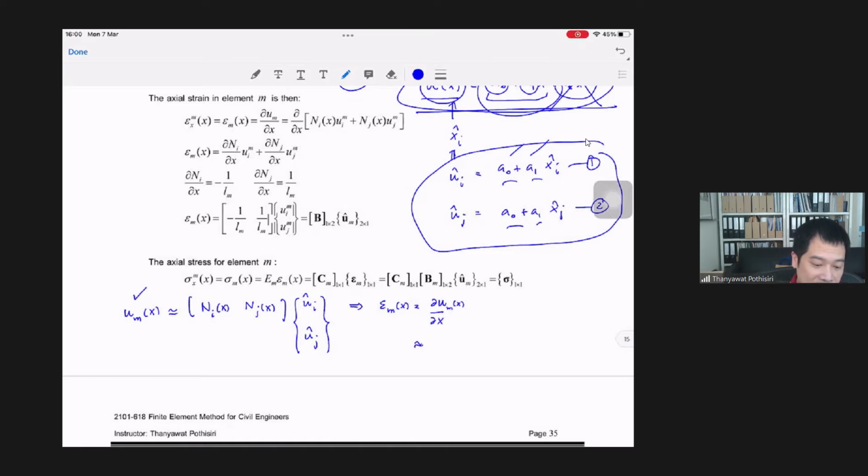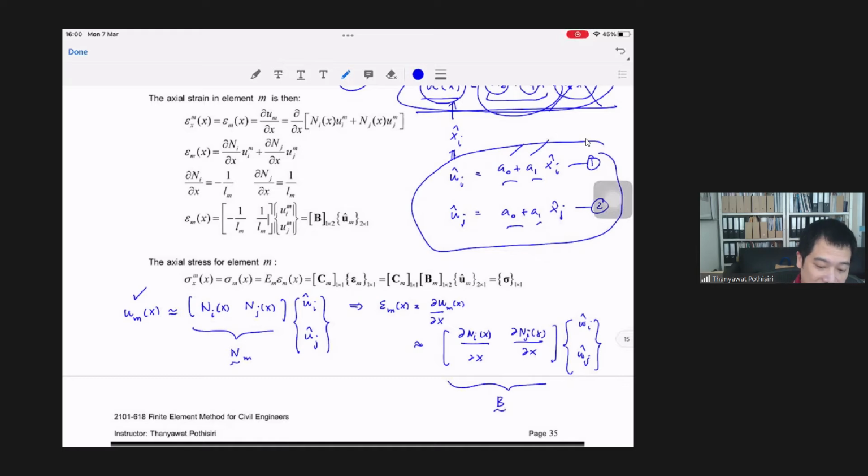So it becomes del Ni by del x, del Nj by del x, and multiply with û_i and û_j. So basically, this is my displacement interpolation matrix, and this is my B matrix. And again, the B matrix is the matrix that relates between strain and nodal displacement, or the strain displacement matrix.